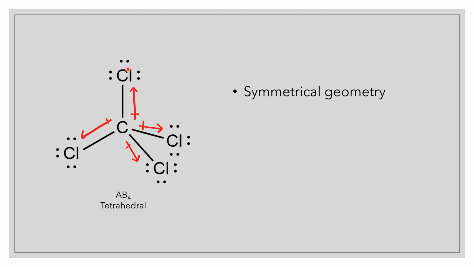So CCl4 tetrahedral is symmetrical geometry and plus they have same terminal atoms, similar terminal atoms, and all bond dipoles exist in the molecule. All bonding has bond dipole.